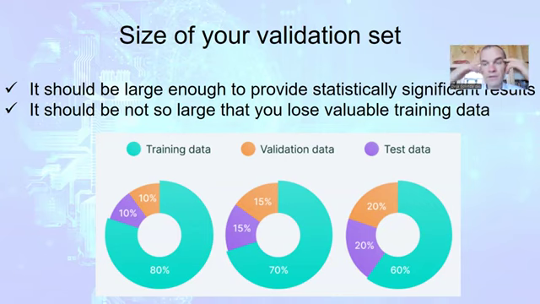The usual practice is to allot, for example, from 60 to 80% of the data for training, and the remaining data split for validation and testing, as shown on these three diagrams as an example. Of course, in your personal application, you may use your own experience, but the basic choice is something like this.